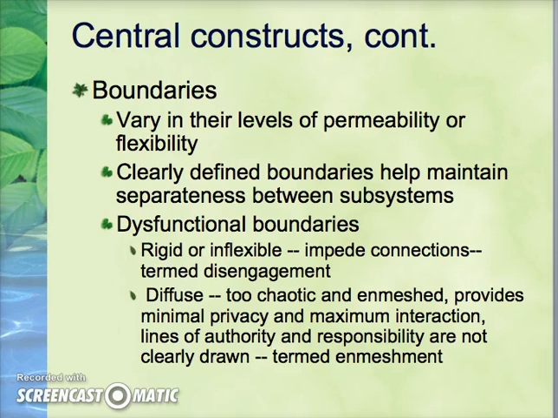You have a parent and a child who are so tightly intertwined that there's no boundary between the parent and the children in a way that allows for the child to develop independently of the parent, even related interdependently. This provides minimal privacy, maximum interaction. Lines of authority and responsibility are not clearly drawn, and the appropriate term there would be enmeshment.